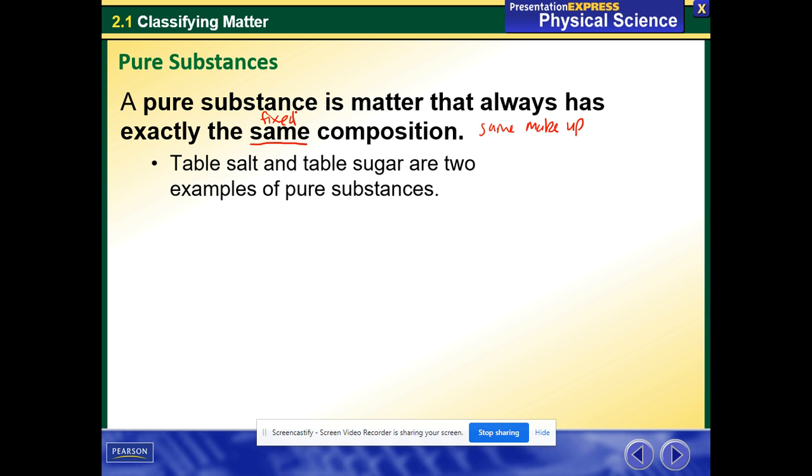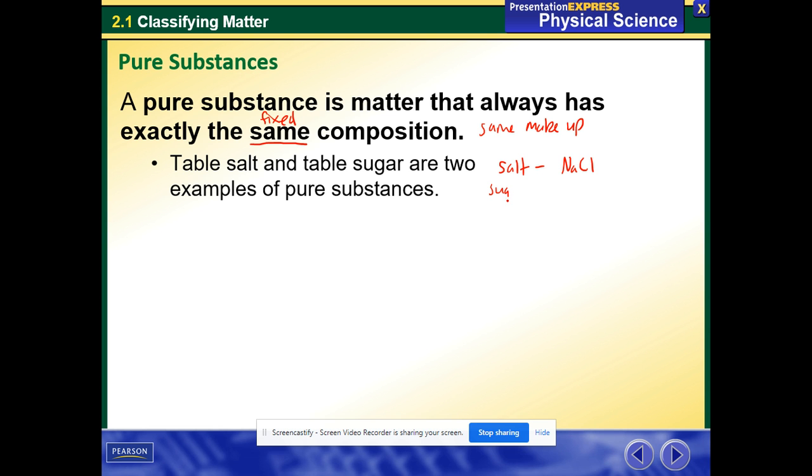For example, table salt and table sugar are two examples of pure substances. Both of these are considered compounds. Salt is always made up of sodium and chlorine together, and so it has a fixed composition. It will always be made up of one sodium and one chlorine.